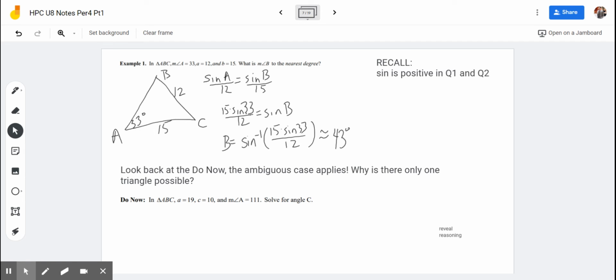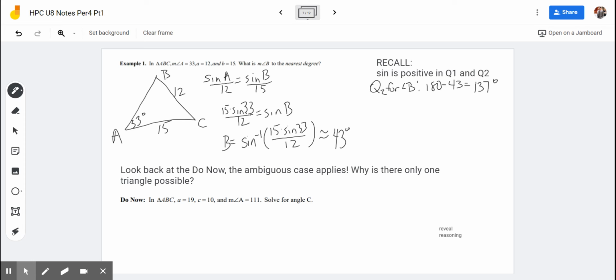So what could we do to figure out a second solution for quadrant 2? If we were to figure out quadrant two's value for angle B, we would subtract 43 from 180 to give us that our second solution could technically be 137 degrees.